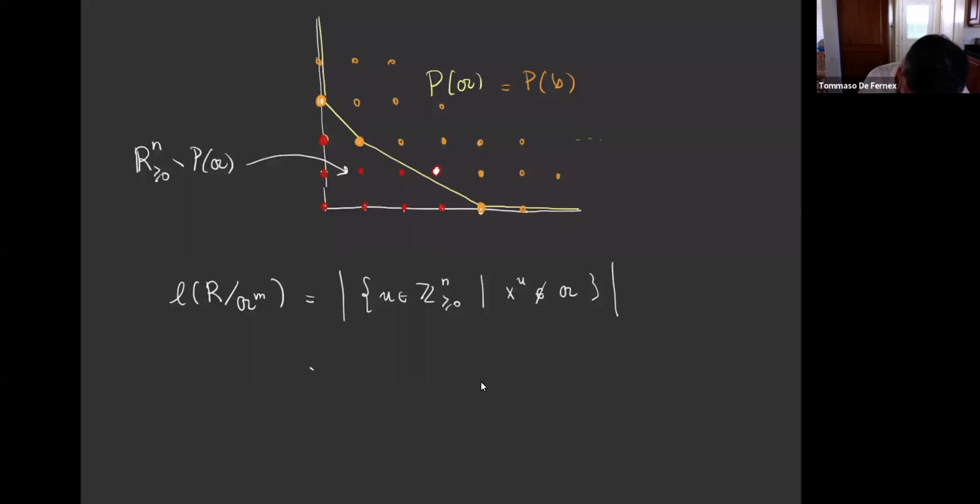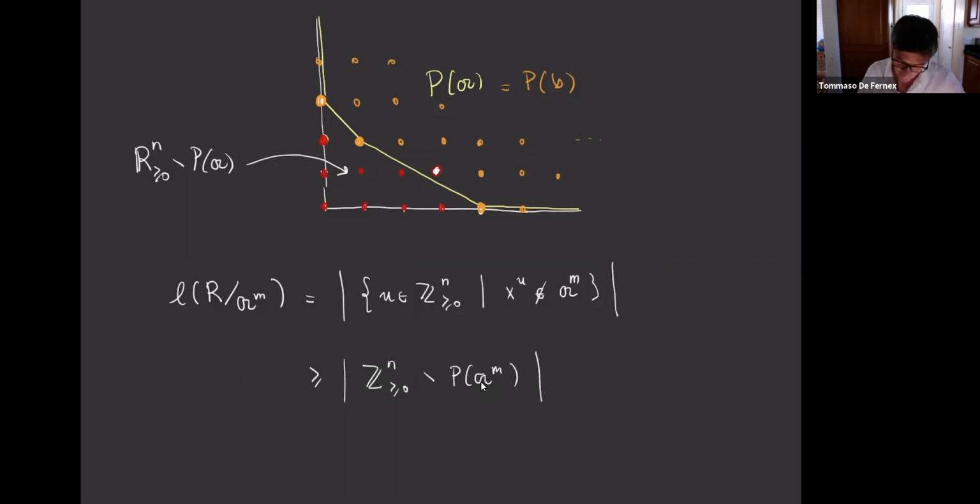So what I see is that there is certainly a greater or equal here the size of all the lattice points which do not belong to the Newton polygon. There may be more, but at least that. And I'm doing this with A to the M.